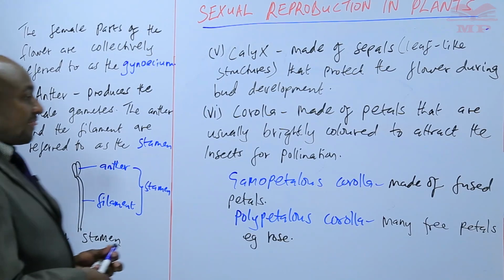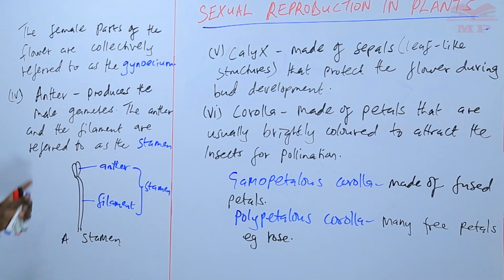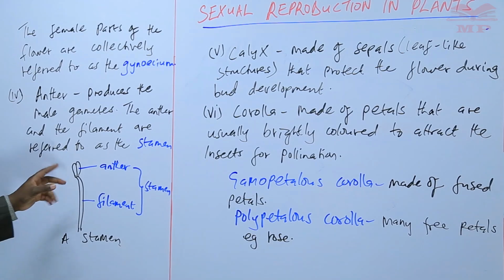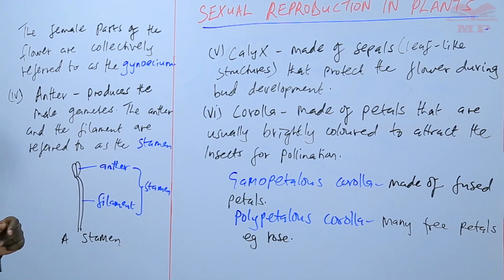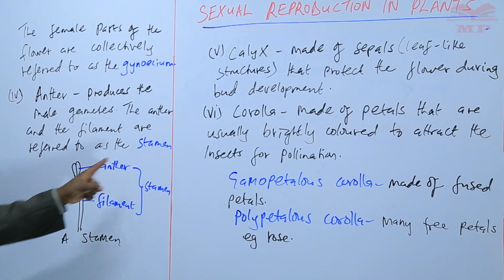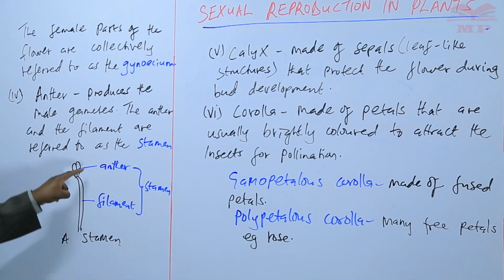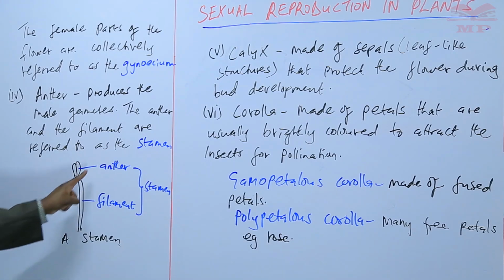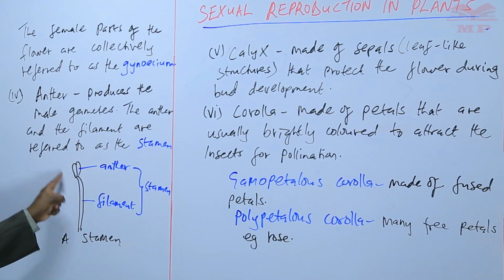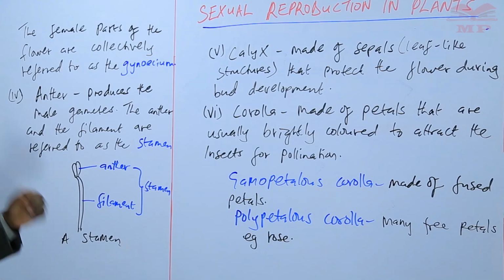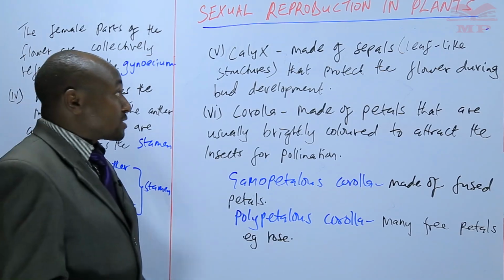Then we have the anther, which is the part that produces the male gametes. And the anther, together with its filament, we refer to as the stamen. So the anther is the one that bears the male gametes. Then we have gone ahead to look at other parts of the flower.